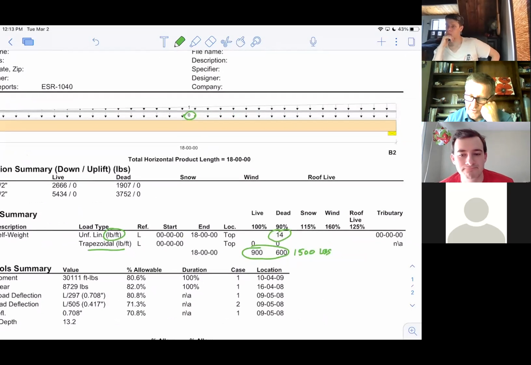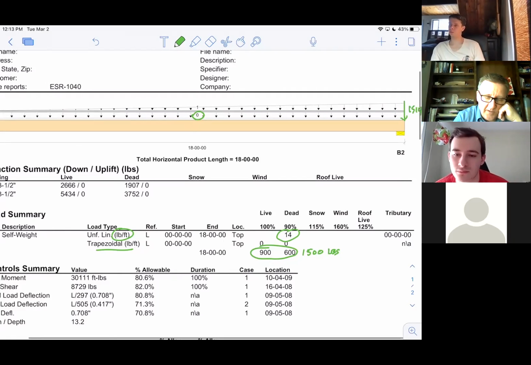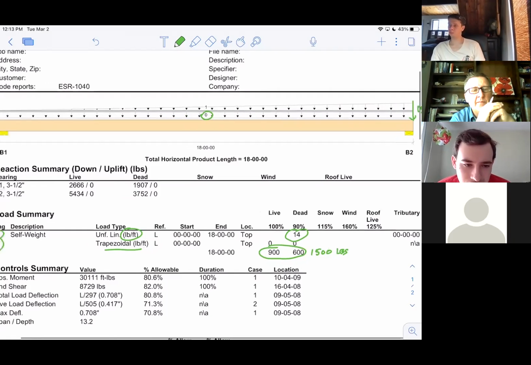So what you have down here is an arrow that's 1,500 plus the 14, so 1,514. You'd have 1,514 pounds on that side of the beam. And then down on this side, you don't have any of the 1,500. You only have 14 down there.